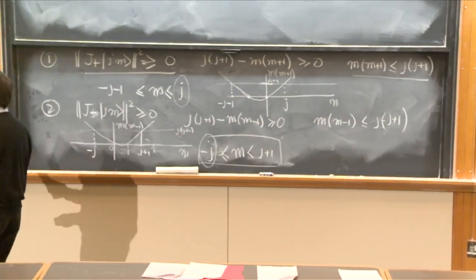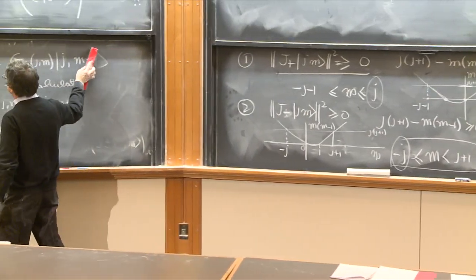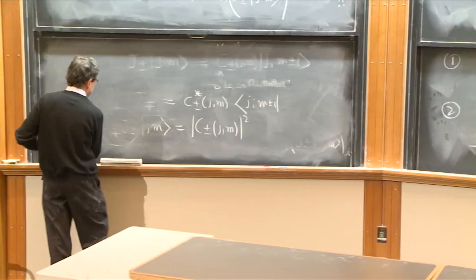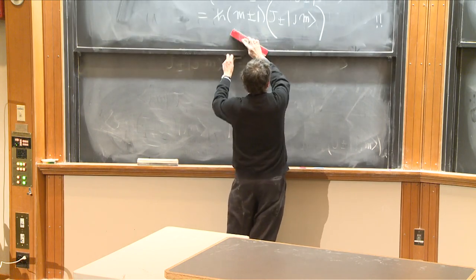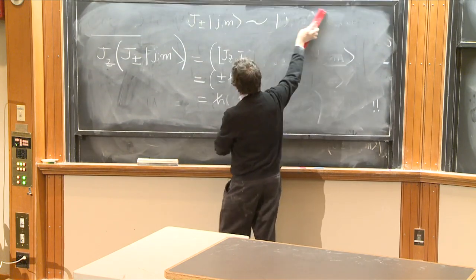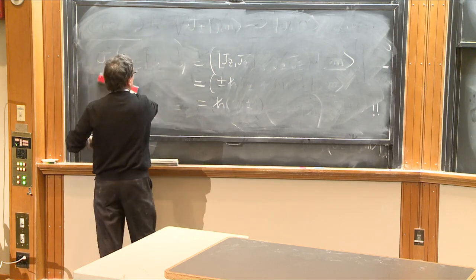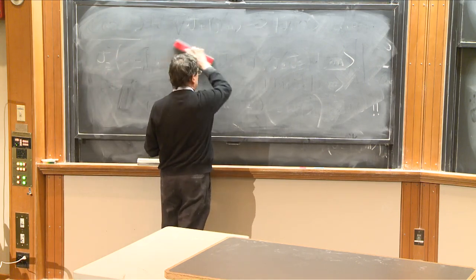Let me give you an application in the last 10 minutes. It's a remarkable application. Now, actually, you would say, so what do you get? Well, what vector space were we talking about?